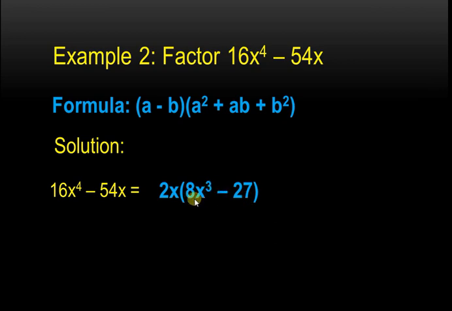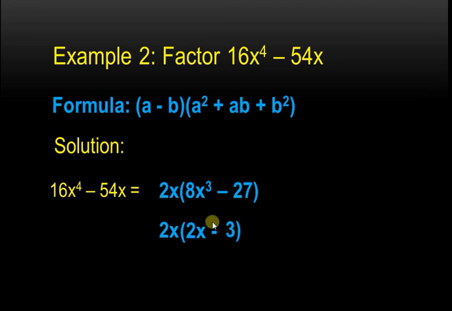Now you will notice here that the 8x cubed and the 27 are both perfect cubes. Now we could use the formula above to factor this part. So we have the 2x, get the cube root of 8x cubed, we have 2x, follow the sign, and get the cube root of 27.